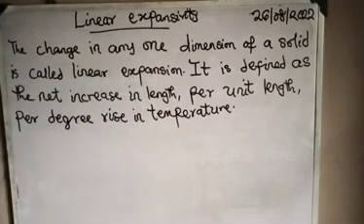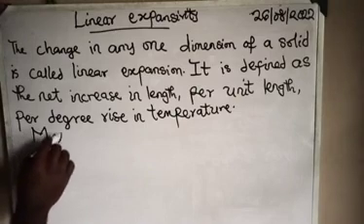Now, it is defined as the net increase in length. That is the total increase in length of that solid per unit length, and also per degree rise in temperature.